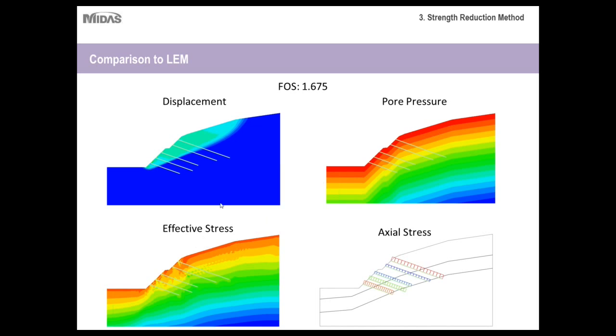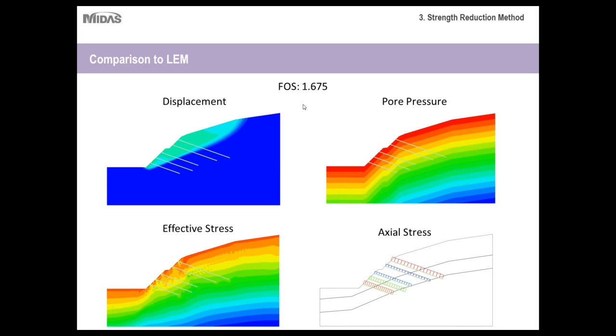The effective stresses, so it takes into account the pore water pressure, once again, it's highest just along this top ridge of the slope here. And then also the axial stresses of these tiebacks here. So once again, that's another key advantage of the strength reduction method, is that you can design for any structural supports in your slope. So that's just the main thing to keep in mind.